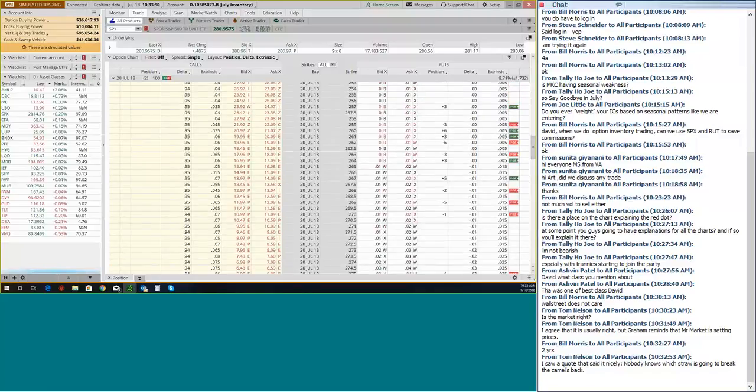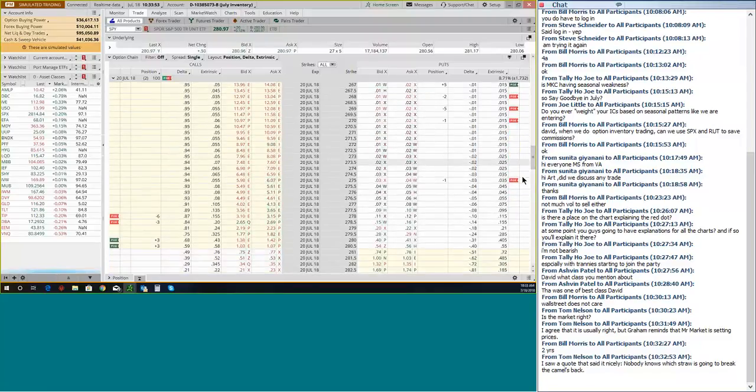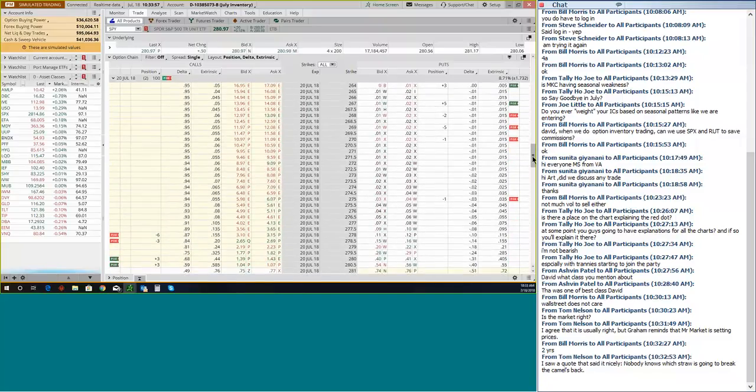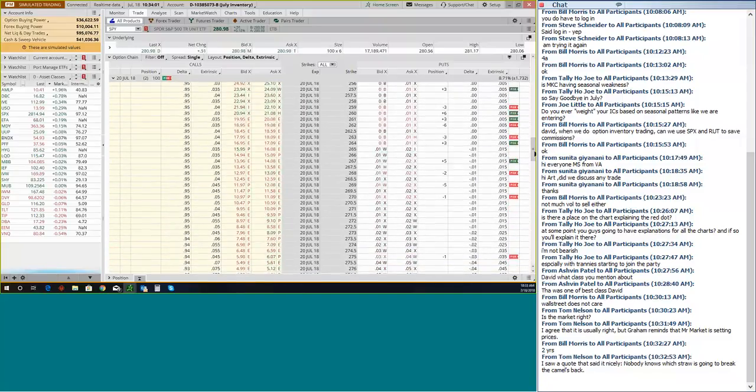Red tags are my short contracts, green tags are my long contracts. Let's add them all up on the put side first, and we'll take a look at the call side. So we got -3, -9, -12, -14, -19, -20, and -21.